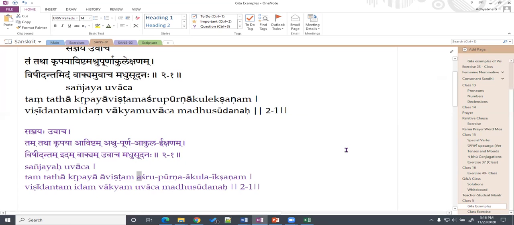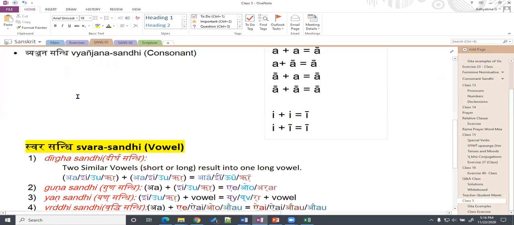When we put the words together, it is called sandhi. When we split them, it is called vicheda. So the words are sandhi and vicheda: joining and split.